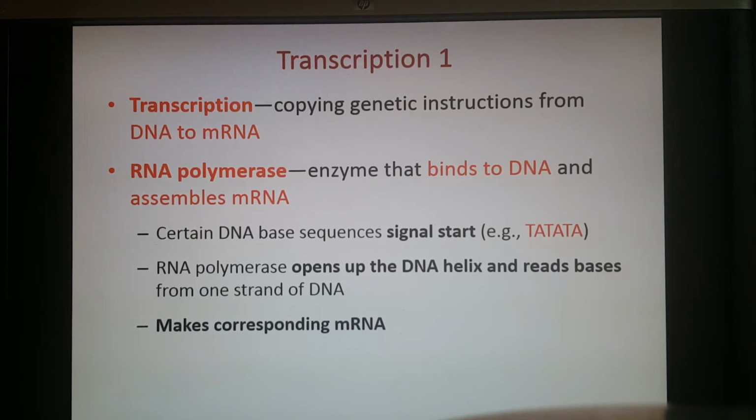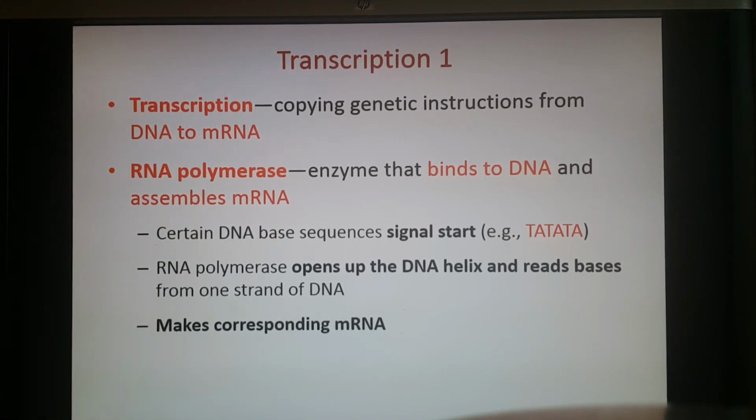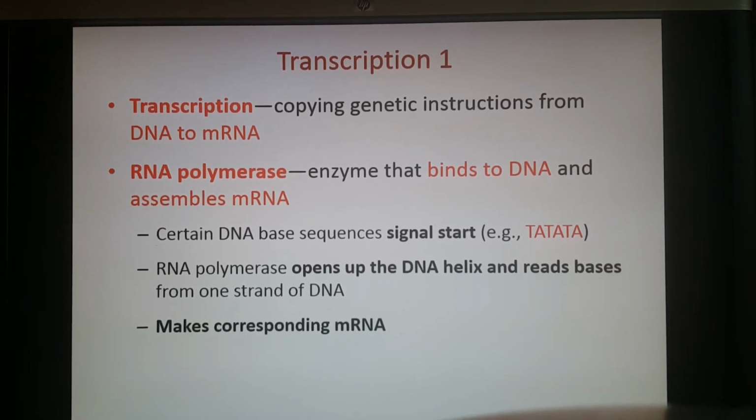So for transcription, you're going from DNA to mRNA. In order to do this, there's an enzyme involved called RNA polymerase. That enzyme will bind to DNA, help open it up, and start reading the DNA to create your new strand of RNA, so just the copy of that particular gene.